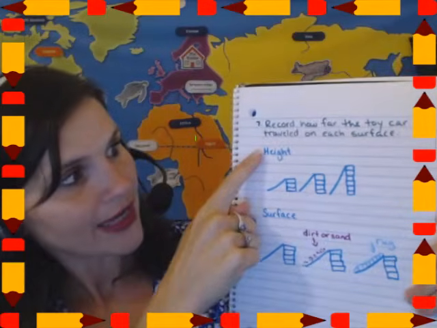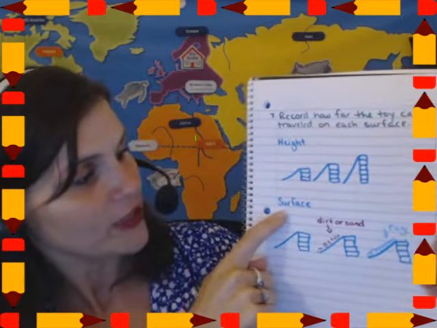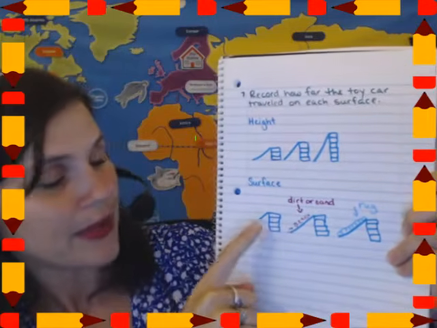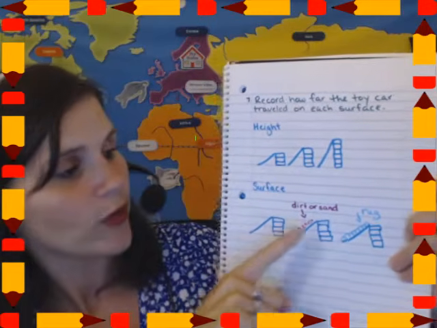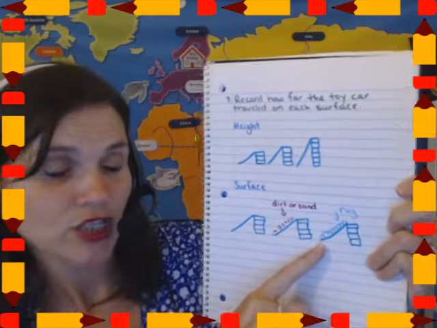So here is my height test. I showed what each one of my ramps will look like. Here's my surface test. And I showed that I'm going to use a medium ramp each time, but I'm going to change the surface. Just cardboard, adding some dirt or sand, and adding a fluffy rug. So remember, you're going to test height and you're going to test that friction and those surfaces in different experiments.